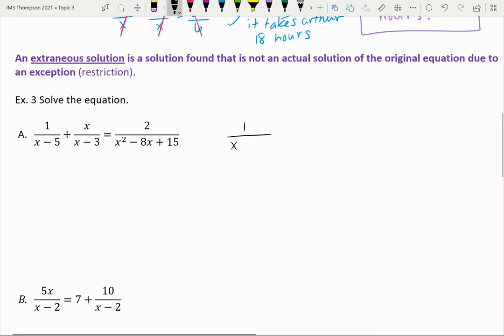So when I rewrite this in factored form, x squared minus 8x plus 15, the two things that multiply to x squared is x times x. Two numbers that multiply to 15 and add to negative 8, minus 5 and minus 3.